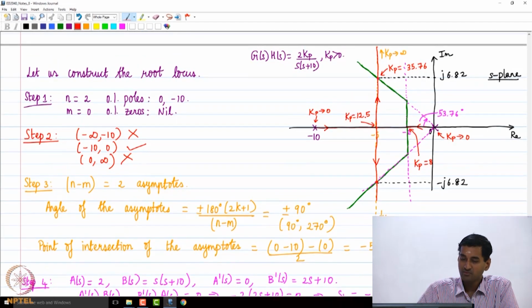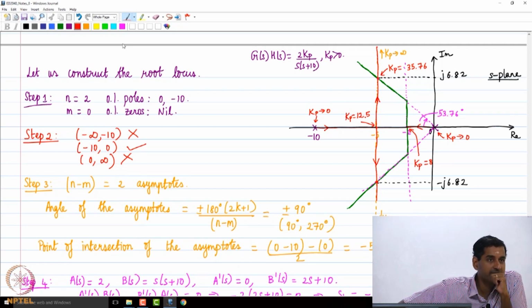So what does this imply? This implies that for performance I need to essentially have my proportional gain to be between 8 and 35.76. That's it.